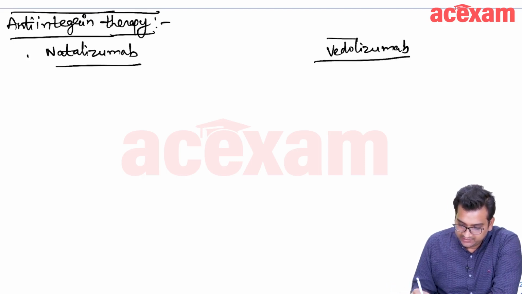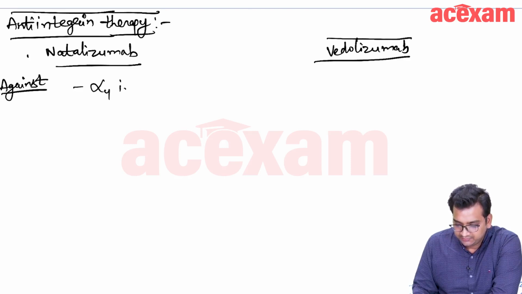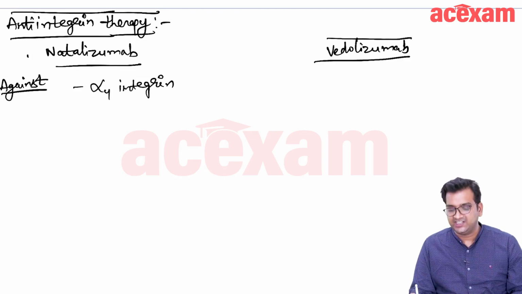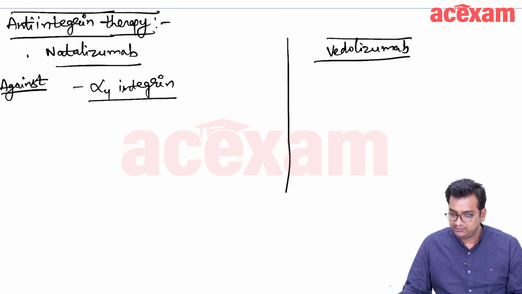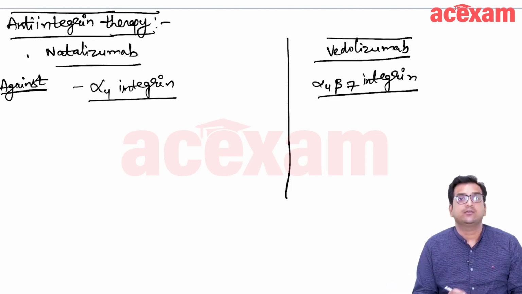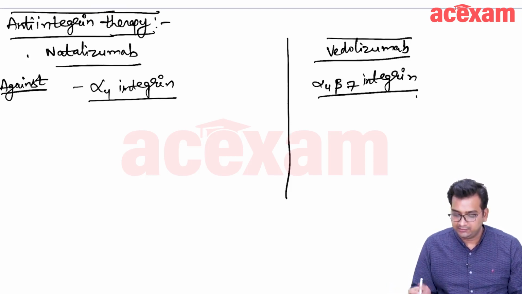Okay, this is against alpha 4 integrin. This is anti-integrin. Okay, so this natalizumab is against alpha 4 integrin, and this vedolizumab is against alpha 4 beta 7 integrin. Okay, MCQs has been asked on them.